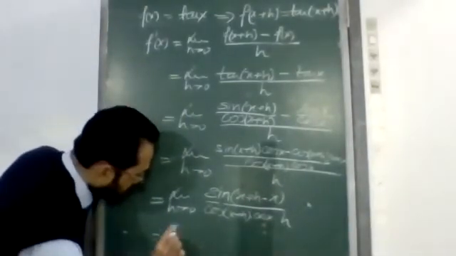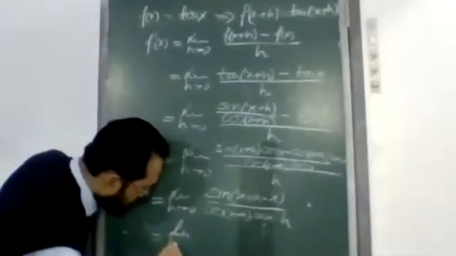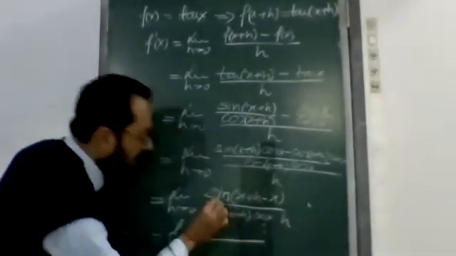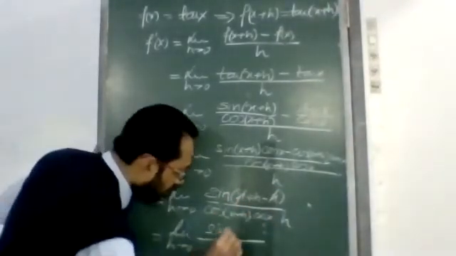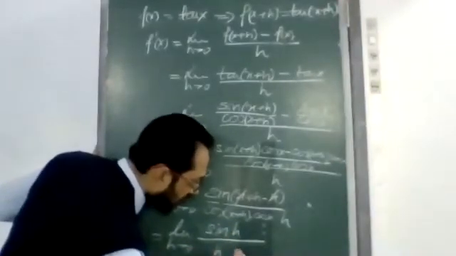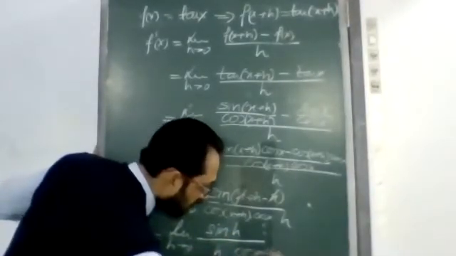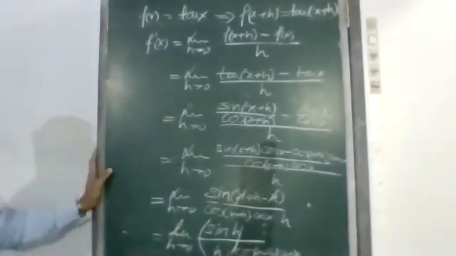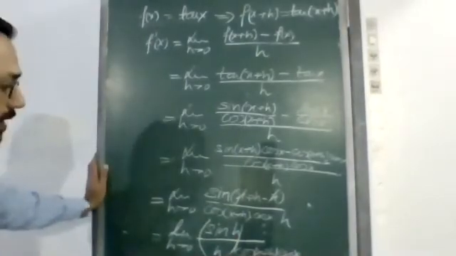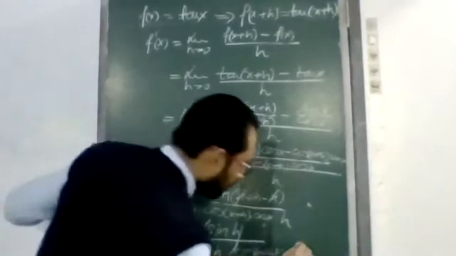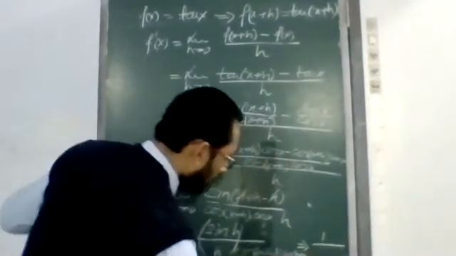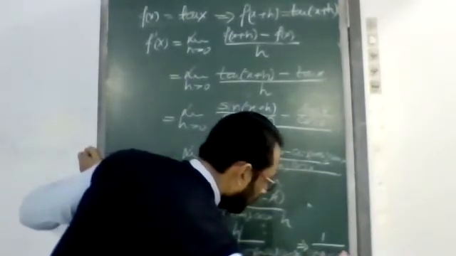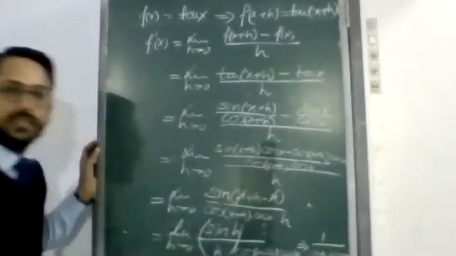So see, limit of h tends to 0, x to x will get cancelled. Sin h upon h I'm writing into 1 upon cos(x plus h) cos x. Now see, sin h upon h will be 1, so it will become 1 upon cos(x plus 0) into cos x, that is cos square x.